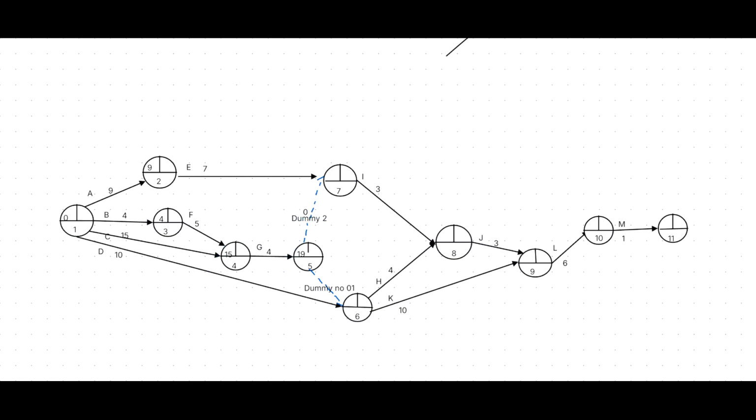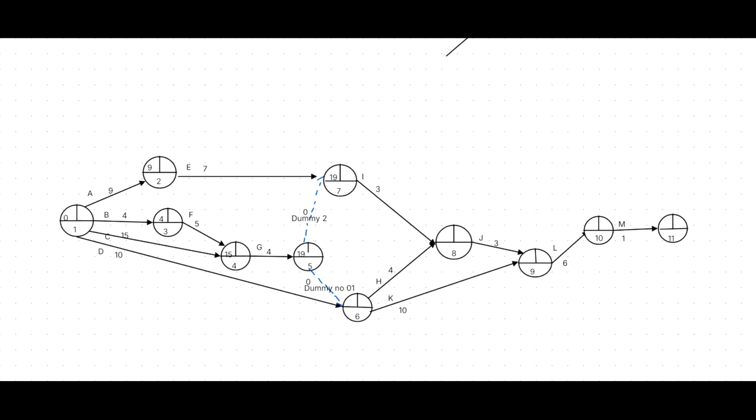Then you can get the value for the seventh event. 19 plus 0, 19. 9 plus 7, 16. 19 is the highest. Event number 6, 19 plus 0, 19 via the D, 10.